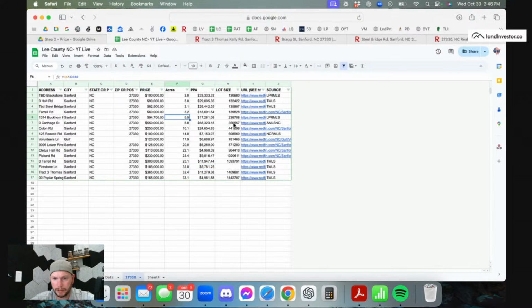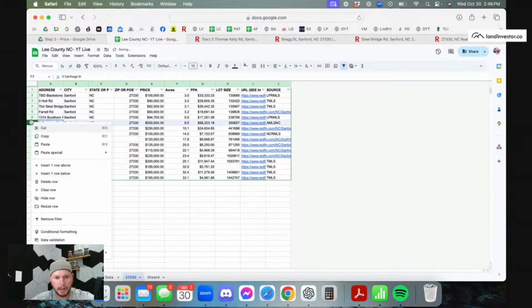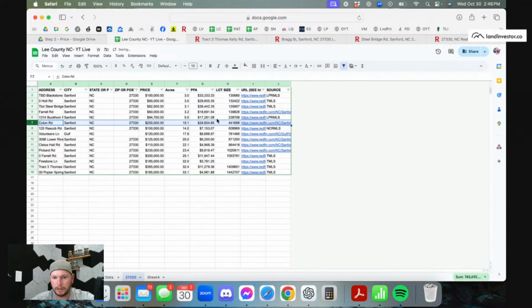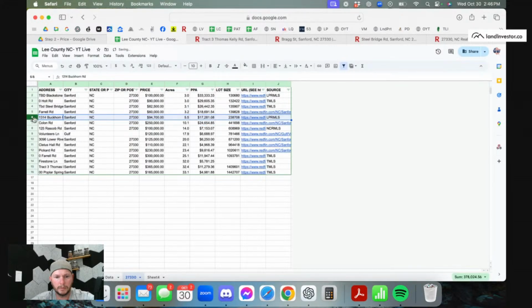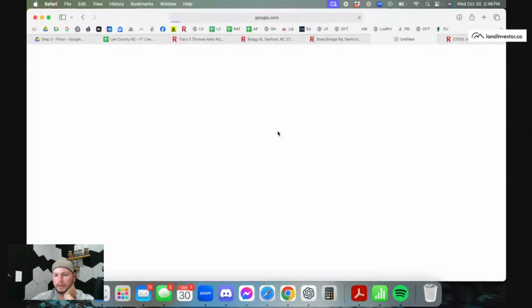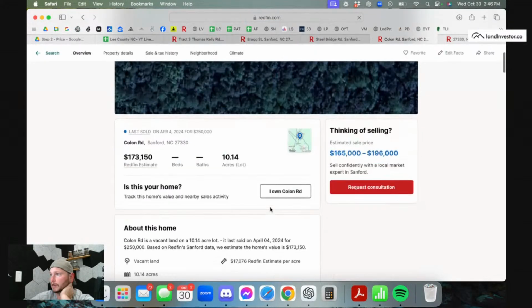Now I could go through here. I could be relentless, and I could look at all these. So let's get rid of this guy. Delete row. Okay. Let's see what this one looks like. 10 acres.